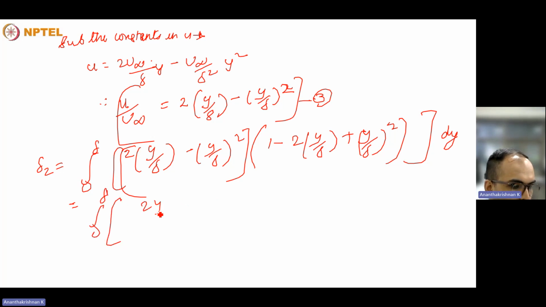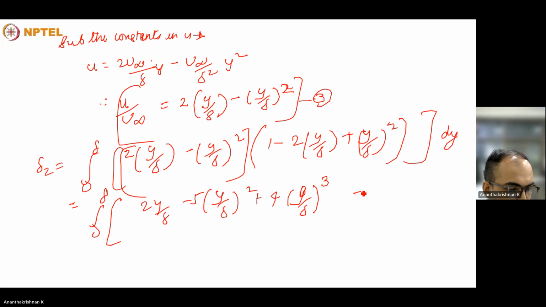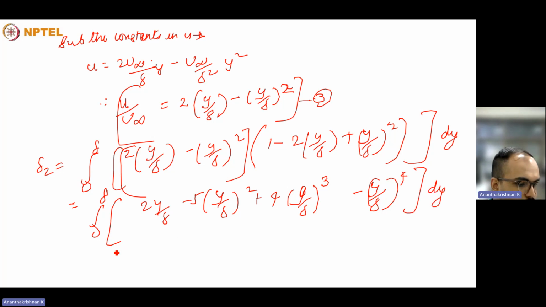Then we get 2 y by delta minus 5 times y by delta the whole square plus 4 times y by delta the whole cube minus y by delta the whole raised to 4. This is by multiplying and simplifying the terms.